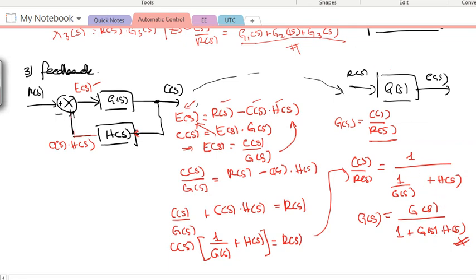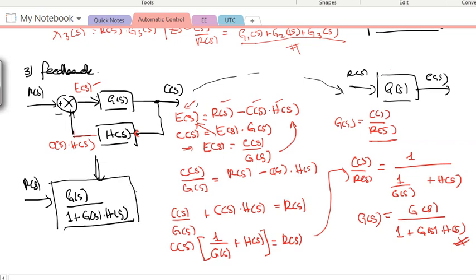So if I have to change this feedback transfer function into one single transfer function, the input is RS, and inside here it's GS over 1 plus GS HS, and you have the output of CS. So that's the equivalent transfer function of a feedback arrangement or feedback form.